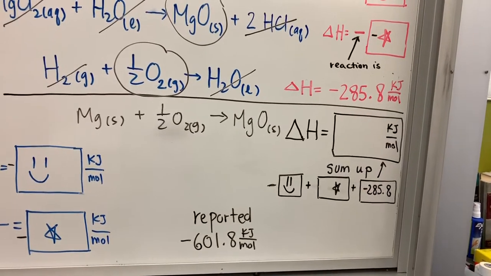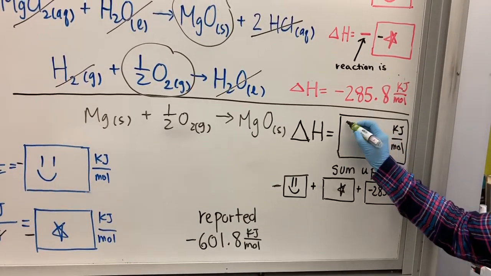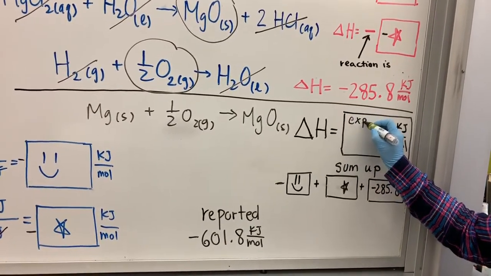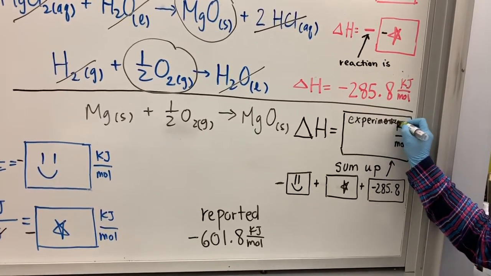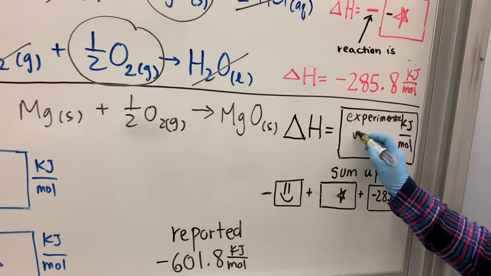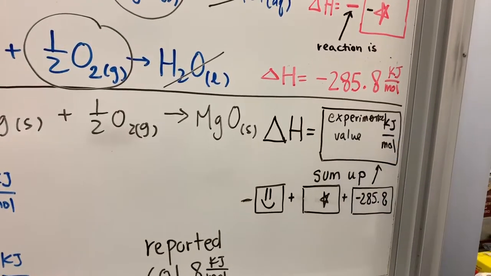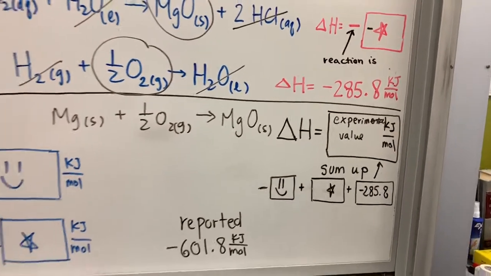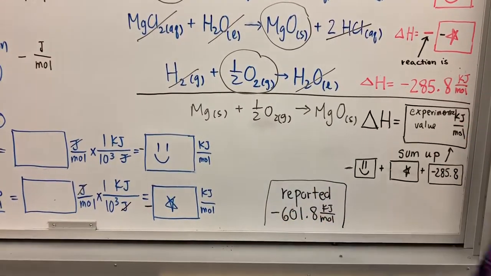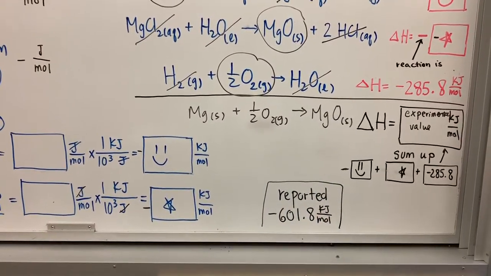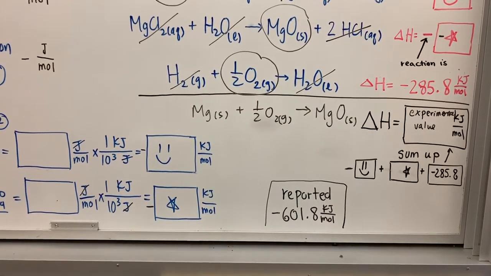And this is what we call our experimental value. Okay? And again, it should be in kilojoules per mole. Now, if you look in your background reading, in the pre-lab, the reported value is 601.8 kilojoules per mole.